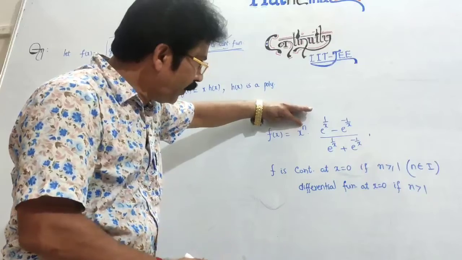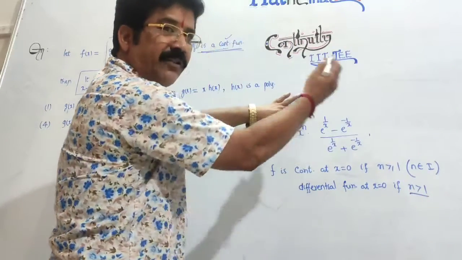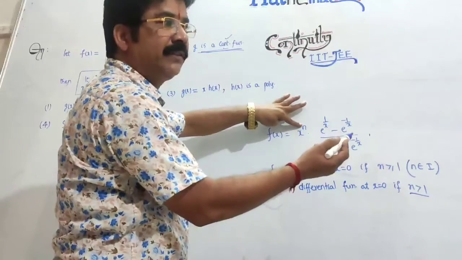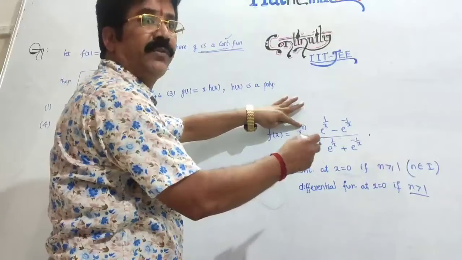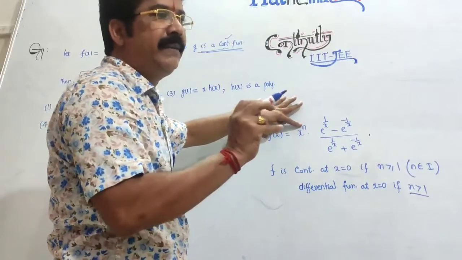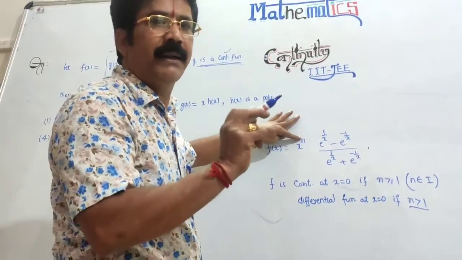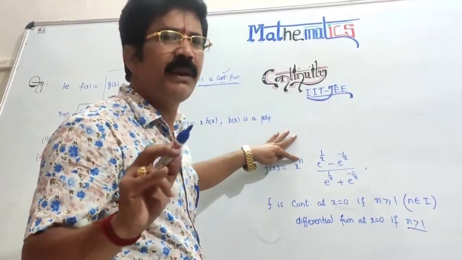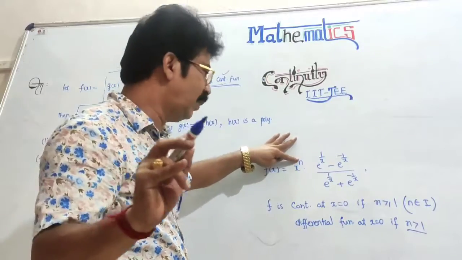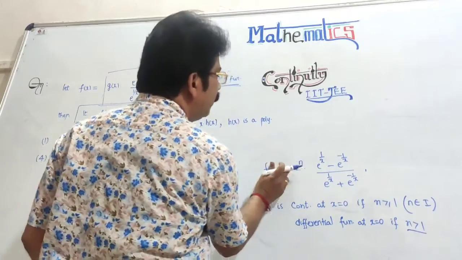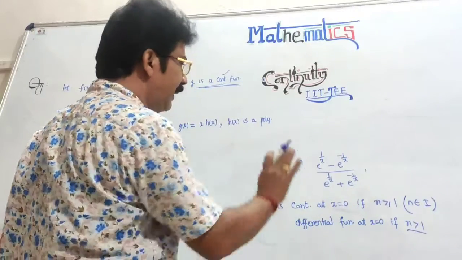For example, x square goes to this case. It is a differentiable function. Whenever f of x is differentiable, automatically it is already a continuous function, because every differentiable function is a continuous function. But every continuous function is not a differentiable function. Already I proved this in board classes. So therefore, n equal to, suppose take 3, x cubed, then it is a differentiable function.